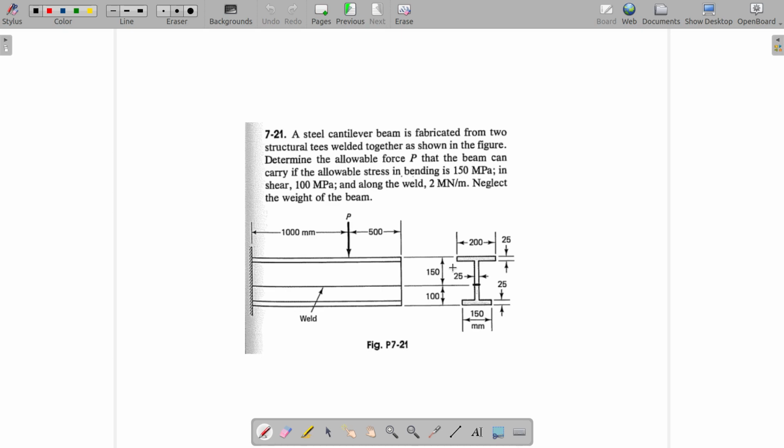So you can also see that when it comes to welding two T sections together, bending stress will not be the major problem there. It's highly likely that shear will cause problems.